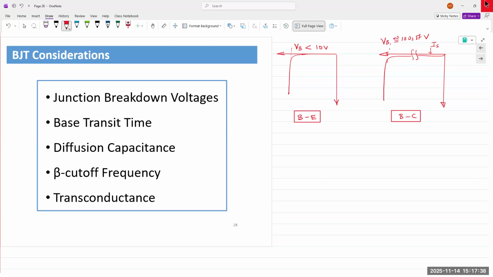You have a large number of free electrons and they start moving from the emitter, cross over into the base, and from the base, they go into the collector. So there is a parameter known as the transit time, which basically tells us how long it takes for the charge carriers to cross from the emitter and arrive at the collector.